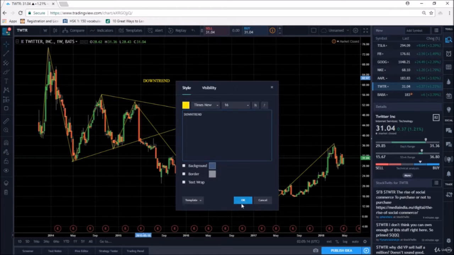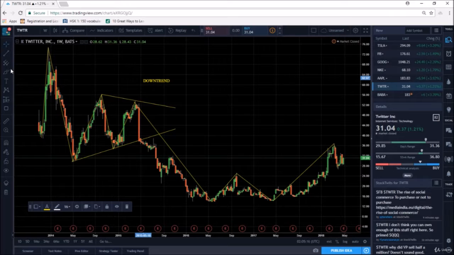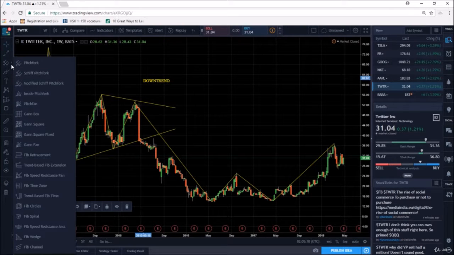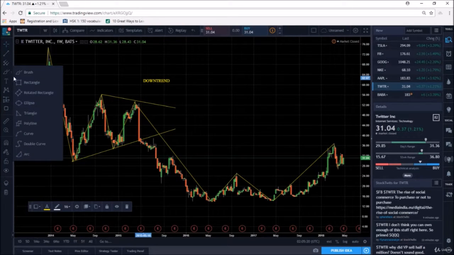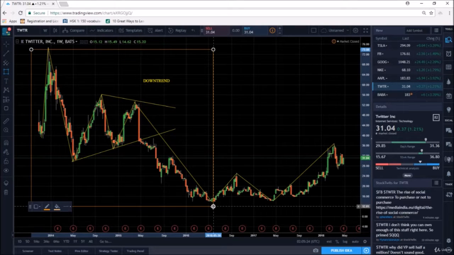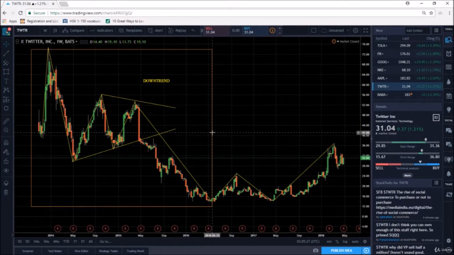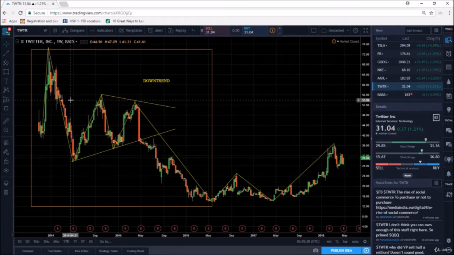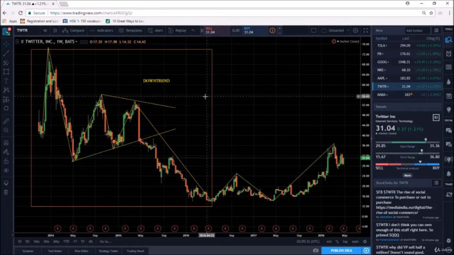So this is the place where you don't want to trade. You don't want to get into the market in this area. In this area, it is a major downtrend market, so you don't want to get into any position on Twitter at this time.